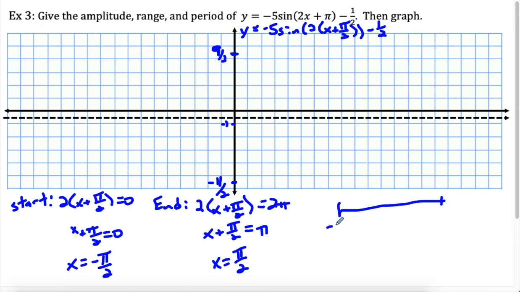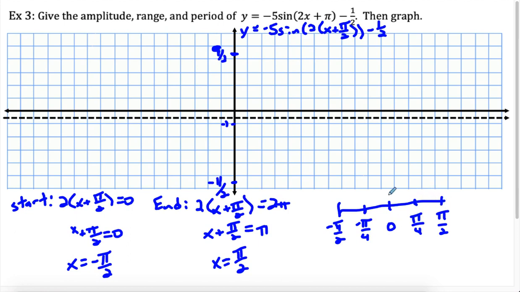So halfway in between that, hopefully, is pretty obvious. That's just going to be 0. Then halfway in between -pi over 2 and 0 would be -pi over 4. And again, we can go through that process of finding the average of our endpoints, or finding the midpoint.